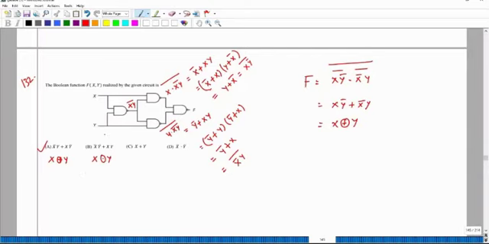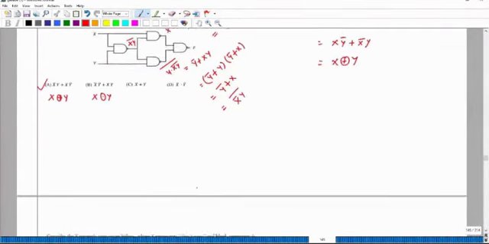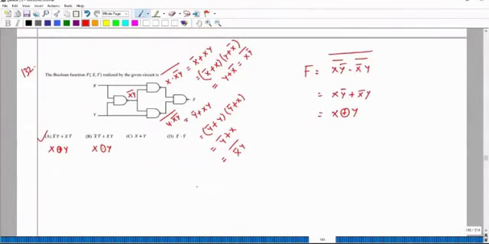Let's see how to implement 2 input XNOR gate. We can also see how many NAND gates are required to implement the 2 input XNOR gate. Okay, we will check.